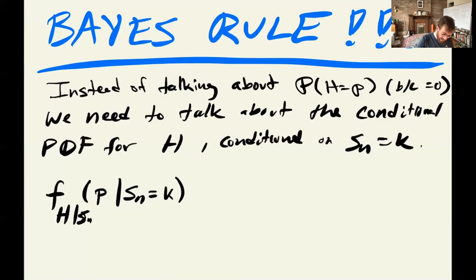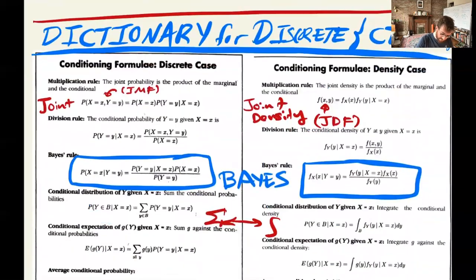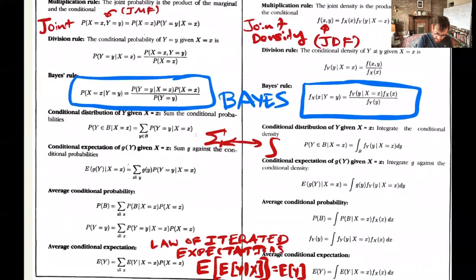Well, if we flip back just 2 slides here, we get something like this. X conditioned on y equaling y, you want to think of this as our Sn equals k, is going to be whatever the conditional distribution for y was, which is Sn, times whatever this probability distribution for x, which is our heads, initially was, but then divided by the probability of the evidence. So it's going to be the probability that Sn equals k.